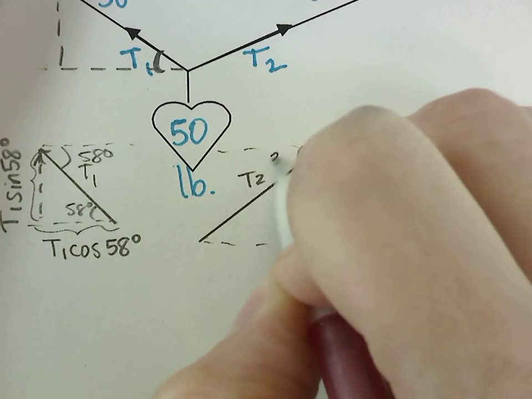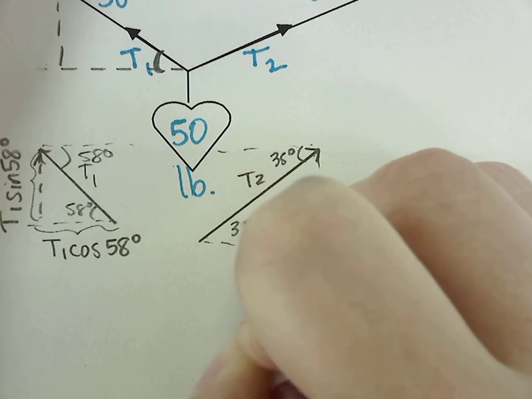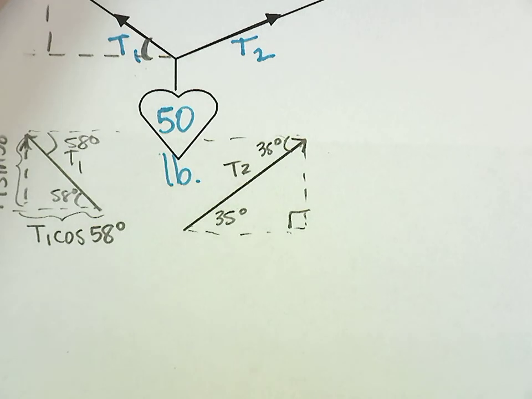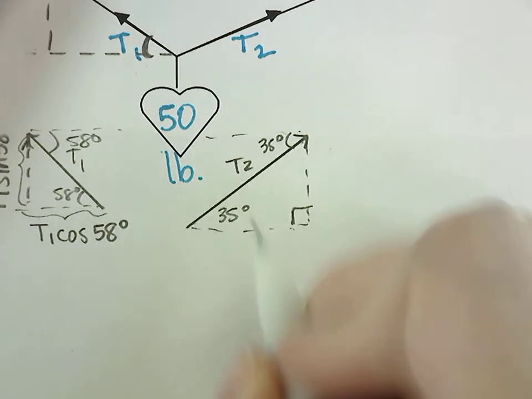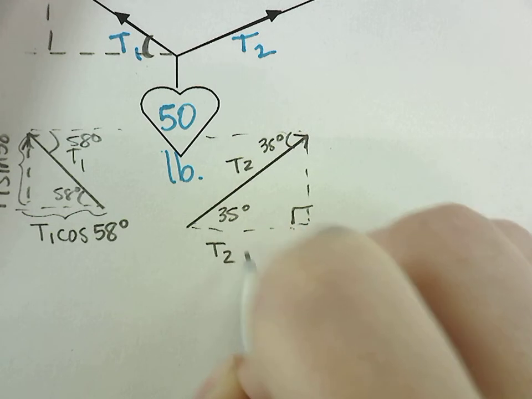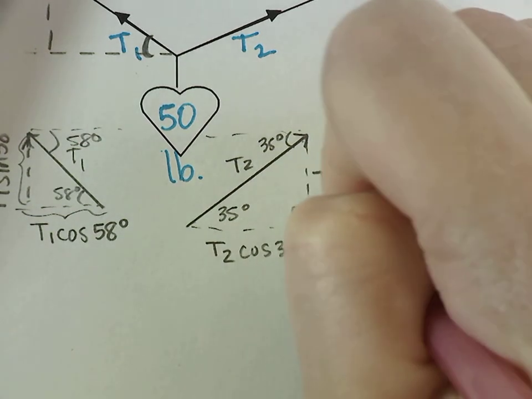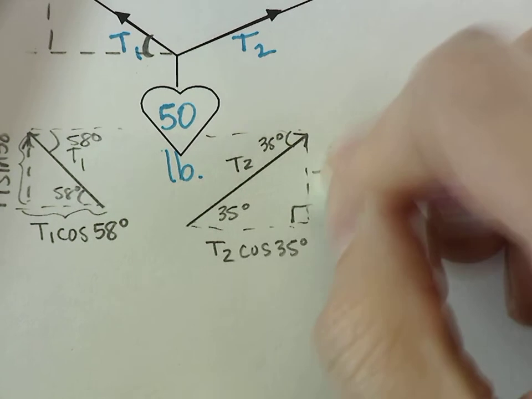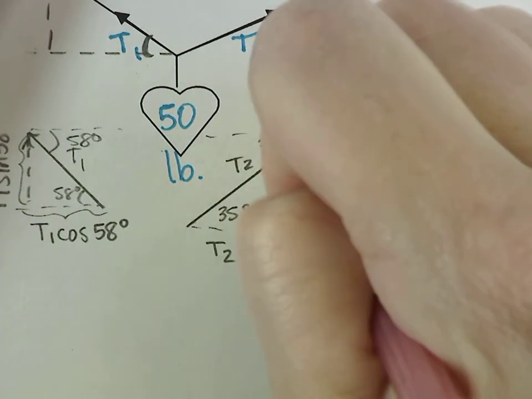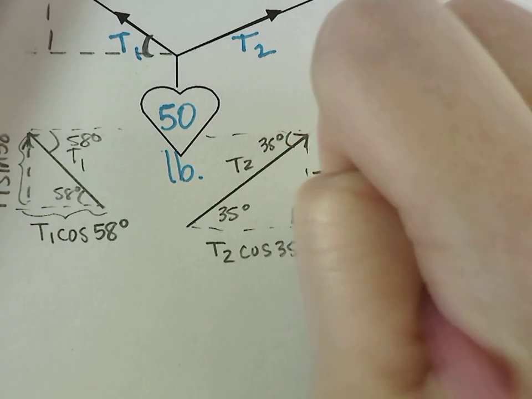Then we can still label both sides. So the bottom will be T sub 2 cosine of 35 degrees. Vertical is T sub 2 sine of 35 degrees. Okay, are you guys with me so far?